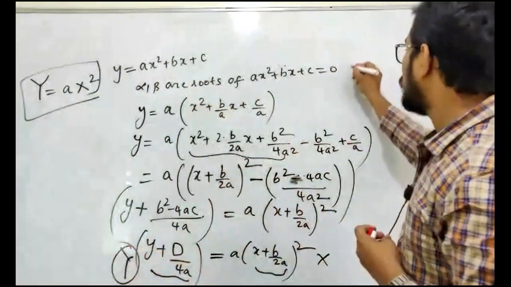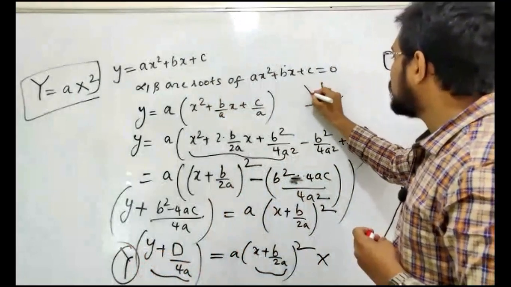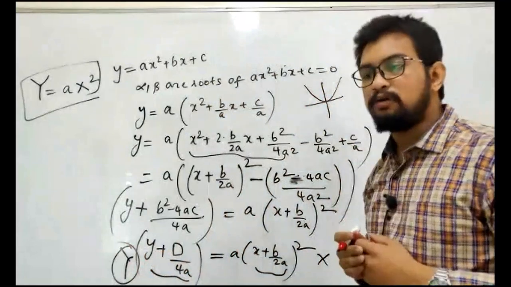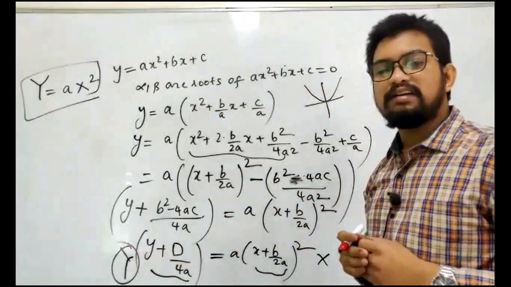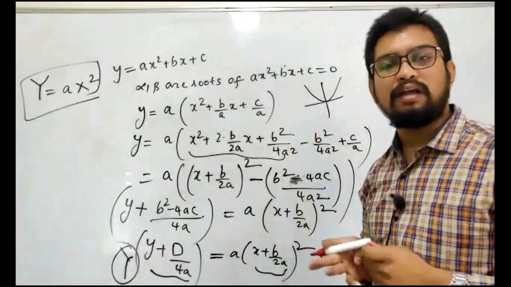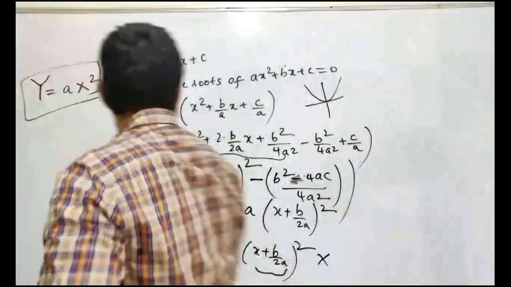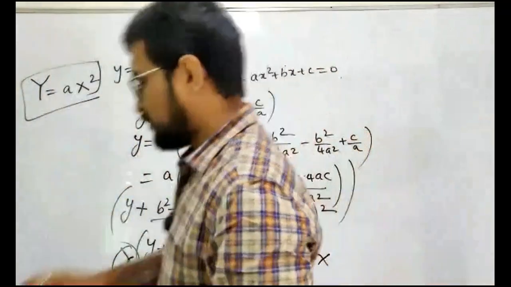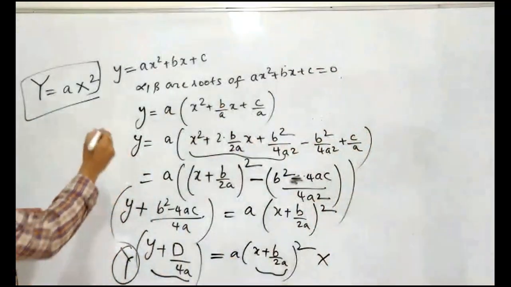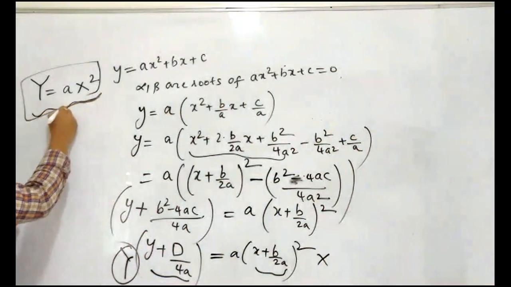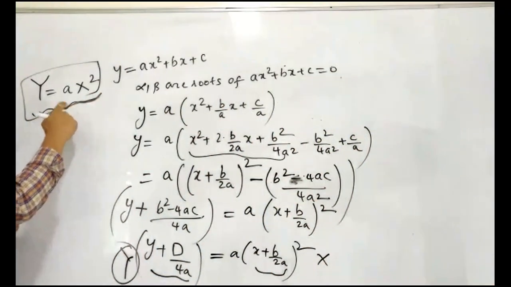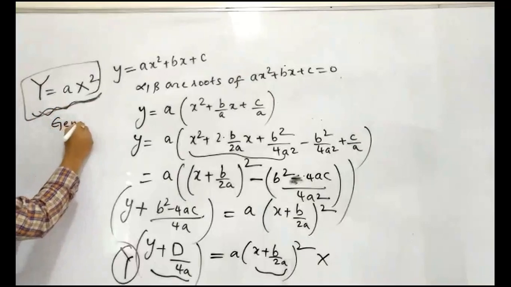How is y is equal to x square? It's a parabola, which we have already seen. This part whatever we are seeing is called the general equation of a parabola.